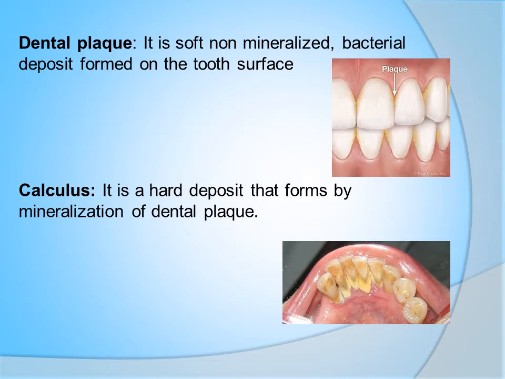It's very common all around the world. When it is neglected, it could move to the next step, which is calculus. It's a hard deposit formed by the mineralization of dental plaque. The picture below shows the calculus.